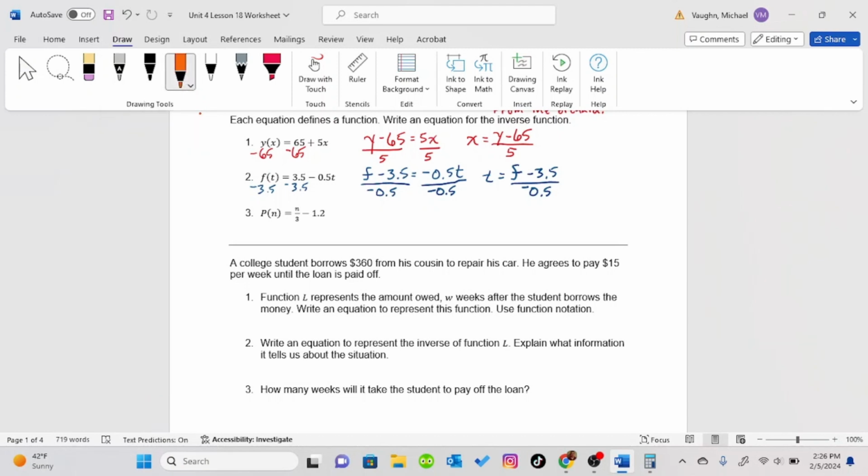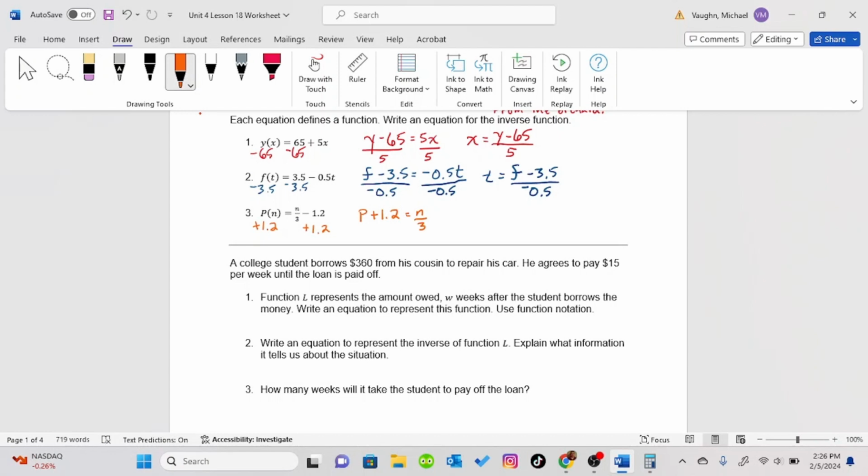And number 3, p of n equals n divided by 3 minus 1.2. So the first thing we'll do is add 1.2 to both sides. Now I have p plus 1.2 equals n divided by 3.